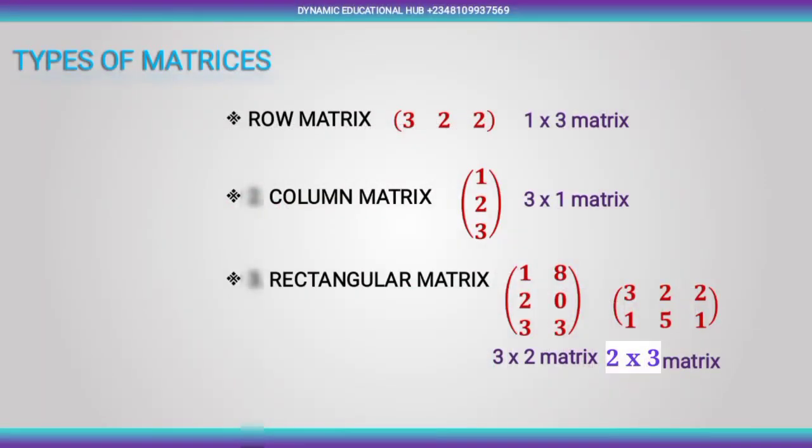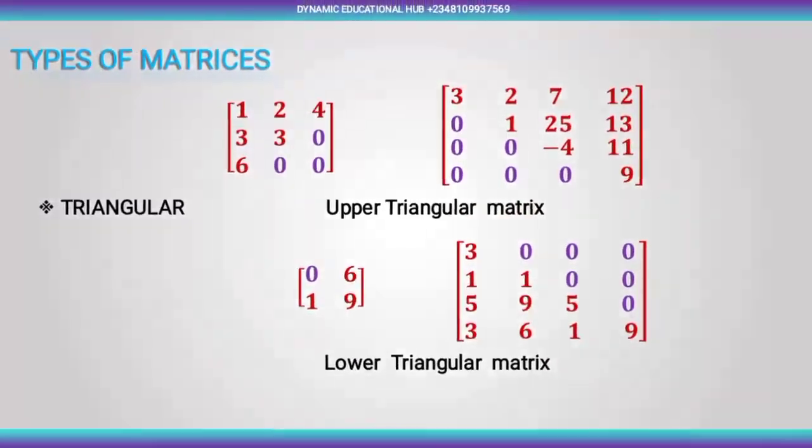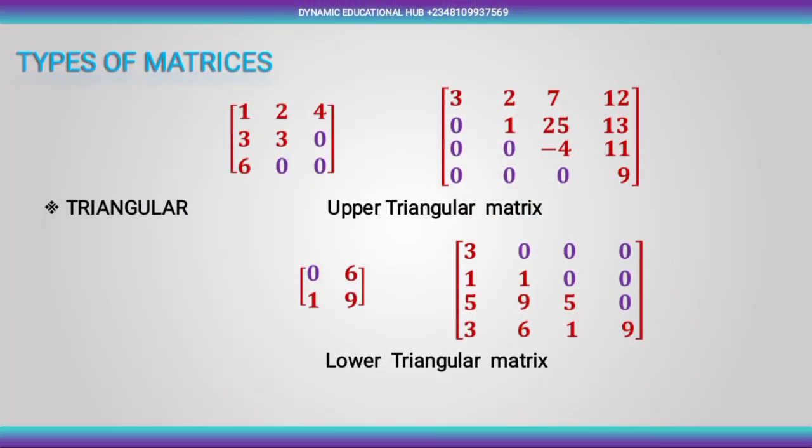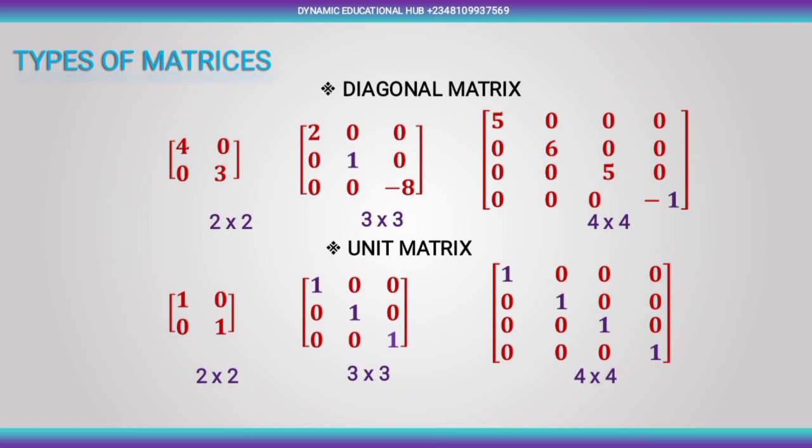We also discussed different types of matrix. We talked about the column matrix, the row matrix, the square matrix, the rectangular matrix, and special types of square matrix: the triangular matrix, the diagonal matrix, and the unit matrix.